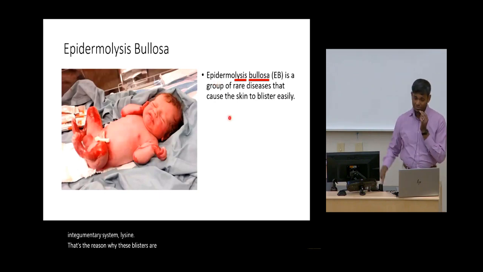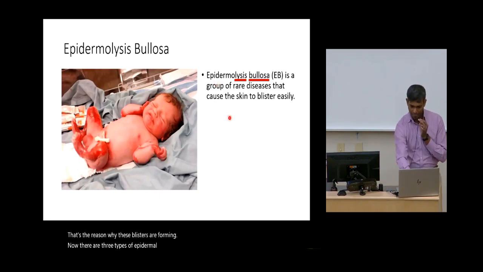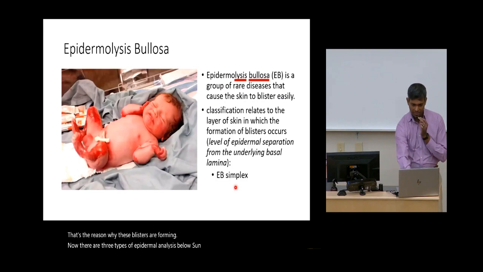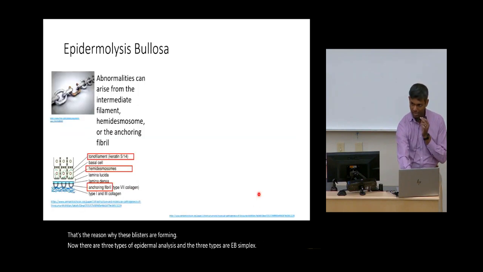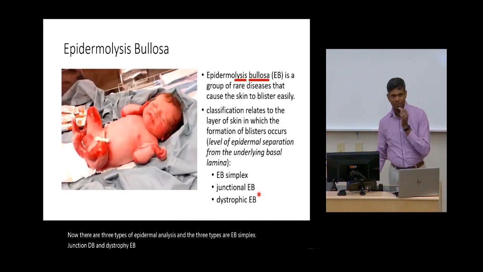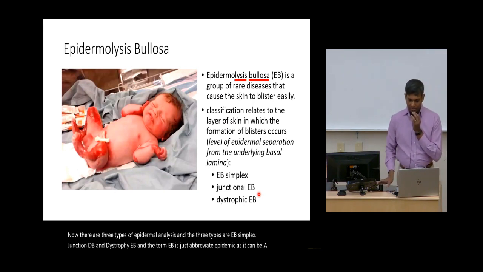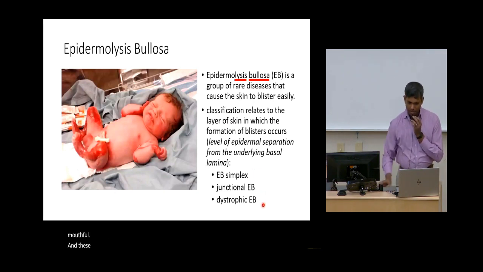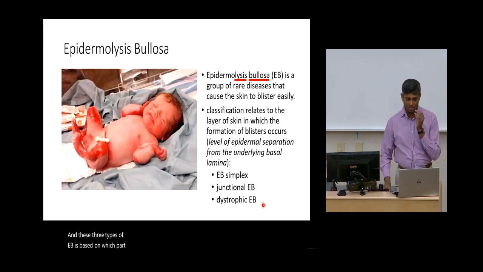Now there are three types of epidermolysis bullosa, and the three types are EB simplex, junctional EB, and dystrophic EB, and the term EB is just to abbreviate epidermolysis bullosa because it can be a mouthful. And these three types of EB are based on which part of the cells in the epidermis are affected, right?